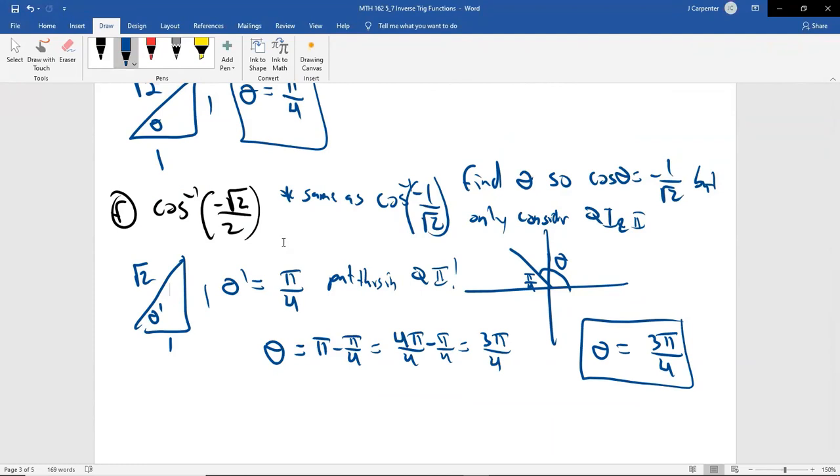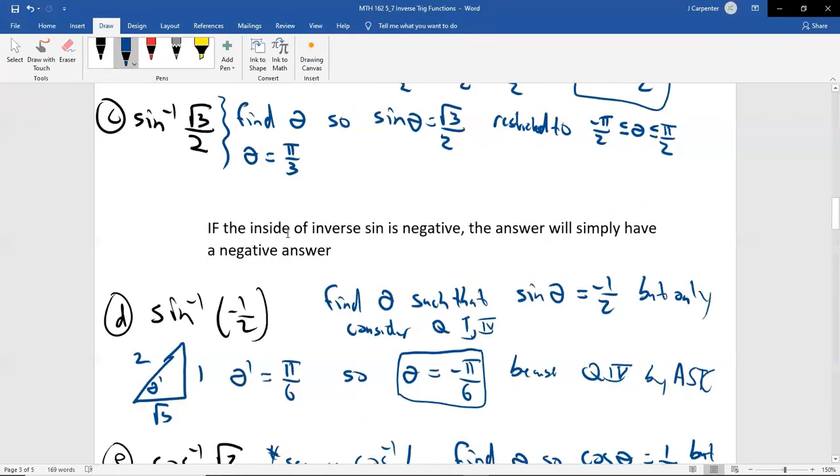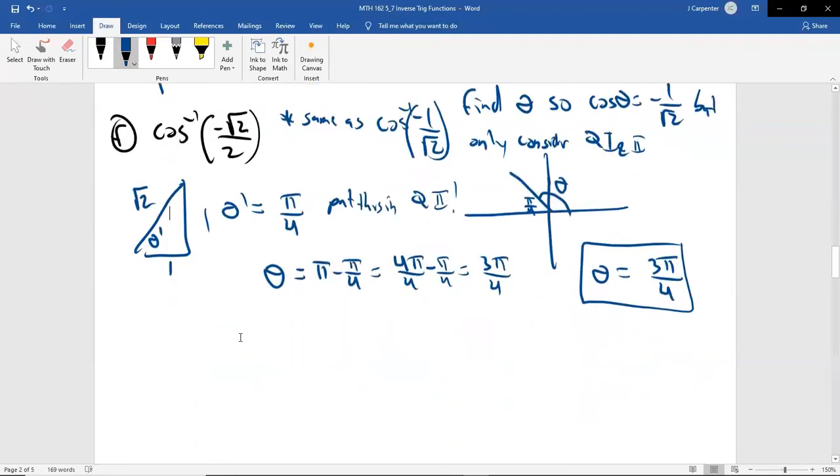So I gave you a helpful little memo earlier for the sine, technically last class. If the inside of an inverse sine is negative, the answer will simply have a negative answer. That's not the way it works for the cosine, though.